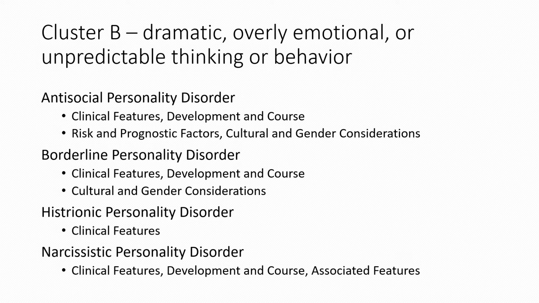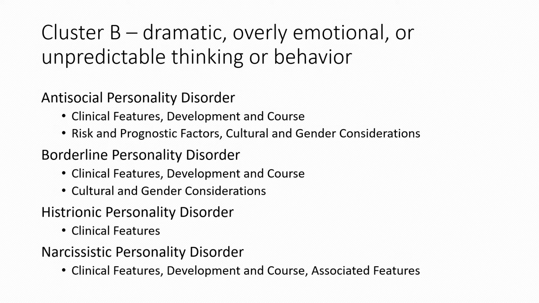Development and course. Antisocial personality disorder has a chronic course, but may become less evident or remit as the individual grows older, particularly by the fourth decade of life. Clinically, antisocial personality disorder is not to be diagnosed before a person becomes 18.